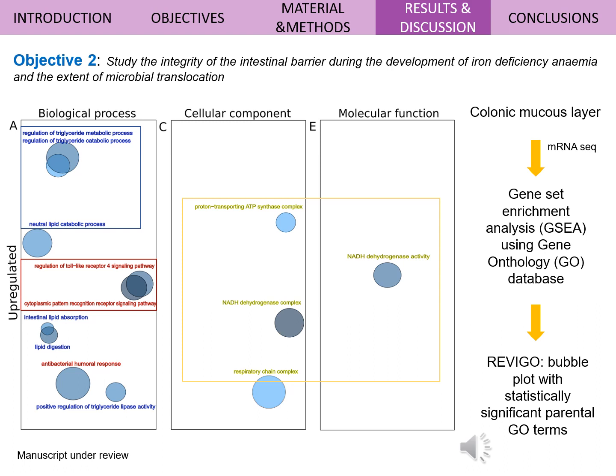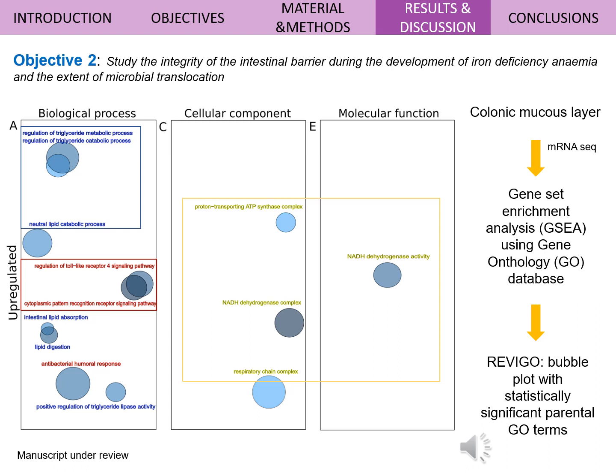We performed a GSEA, or gene set enrichment analysis, on mRNA sequencing data using gene ontology as a database, including its three categories: biological process, cellular components, and molecular function. We plotted the results using the Revigo tool, which showed only the statistically significant parental GO terms differing between the two experimental groups. In this bubble plot, each bubble represents a deregulated GO term.